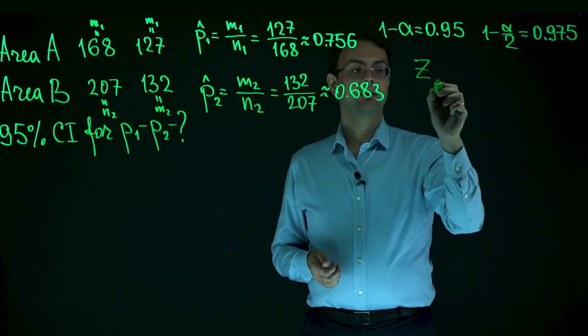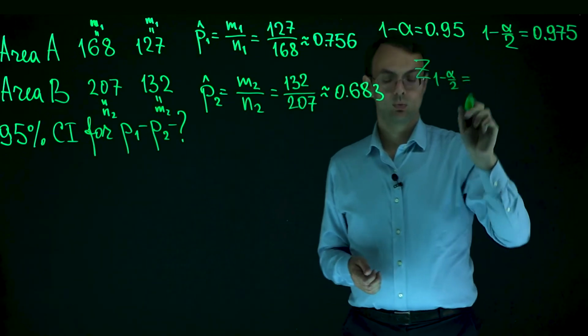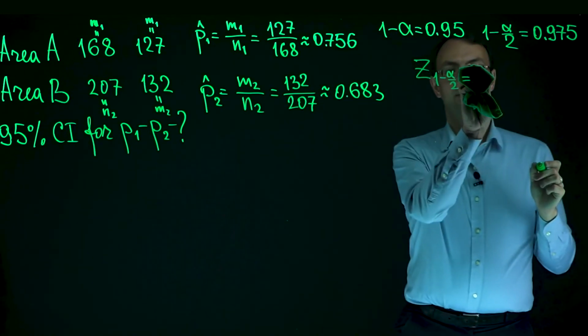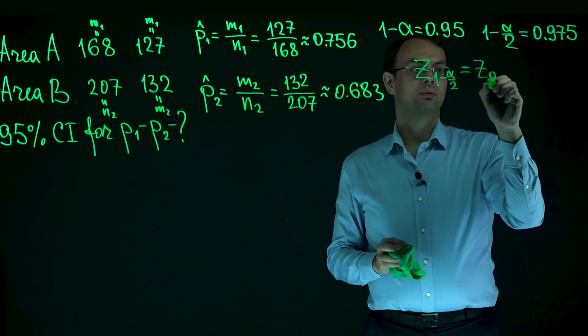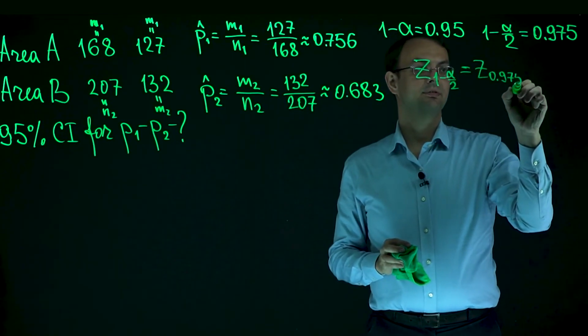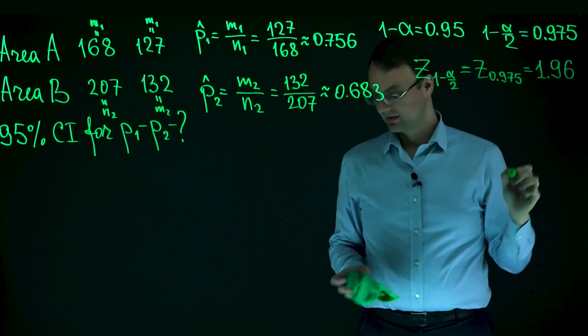The quantile of the standard normal distribution of the level 0.975 is equal to 1.96.